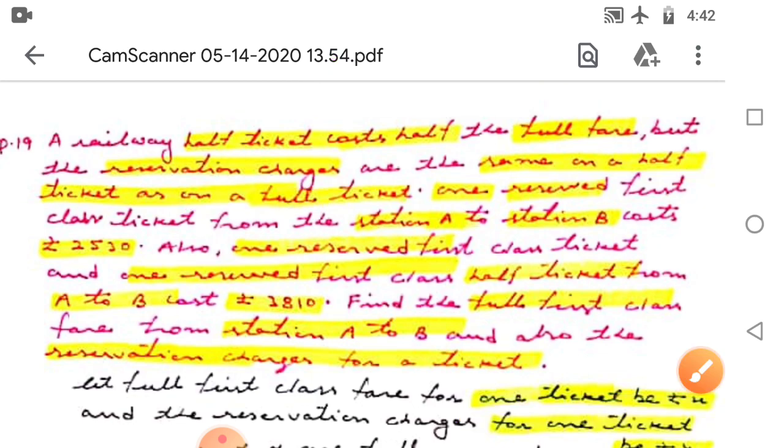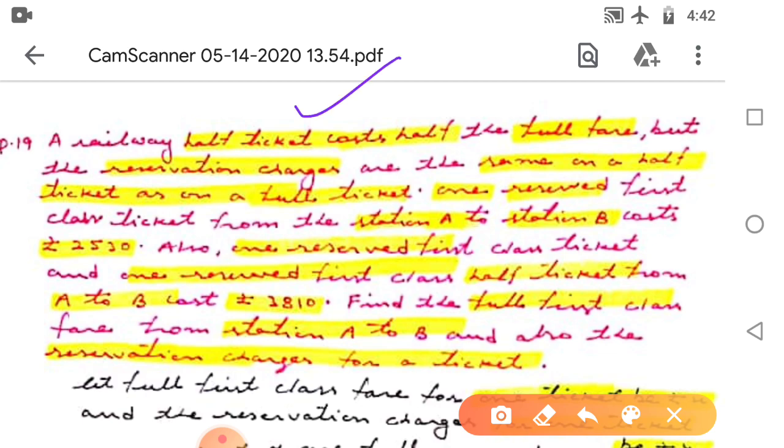Once again, the railway half ticket costs half the full ticket. The cost of the half ticket is half of the full fare, right? But the reservation charges are the same on a half ticket as well as on a full ticket.